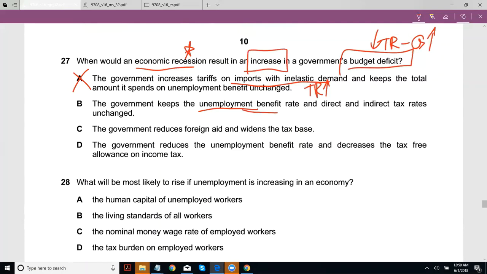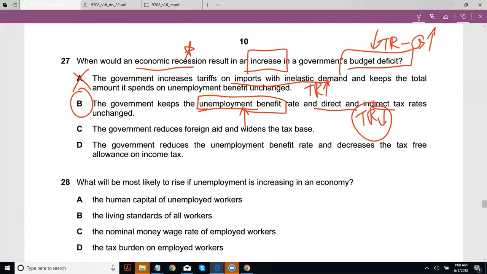So the unemployment benefits, even if the rate is the same, could go up. And since there's less economic activity in a recession, direct and indirect tax rates might be the same, the percentage might be the same, but the tax revenue might go down. So it could be B, but let's look at other options anyway.